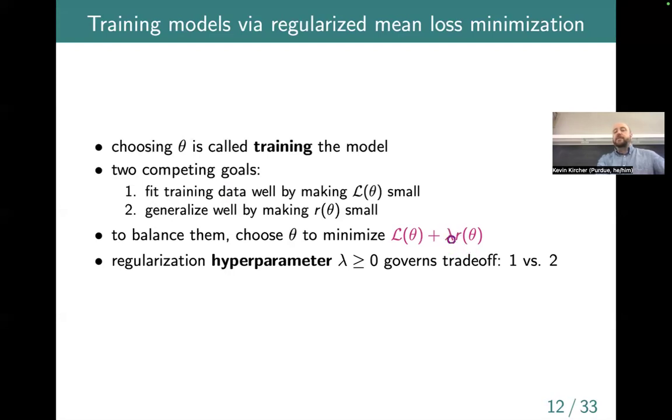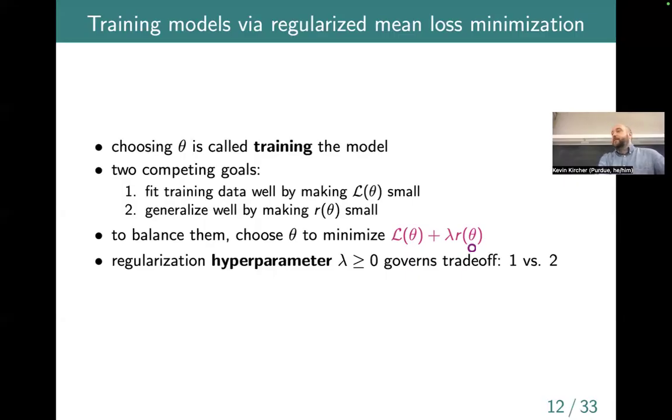So if lambda is equal to 0, we only care about fitting the training data really well, right? And we're not using any other information to say, oh, but we also want to fit unseen data well. And then if lambda goes to infinity, basically we don't care about fitting the training data at all, and all we want is a small parameter vector. That would give a really dumb result.